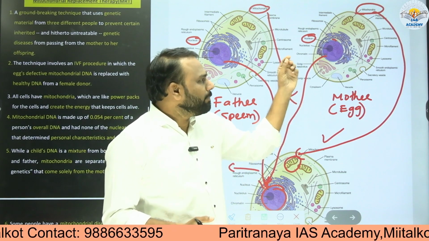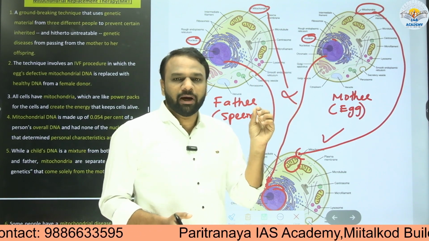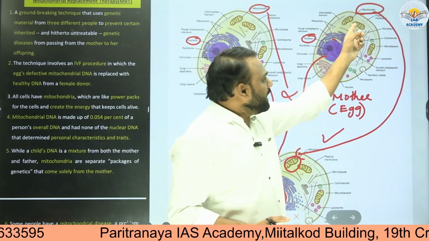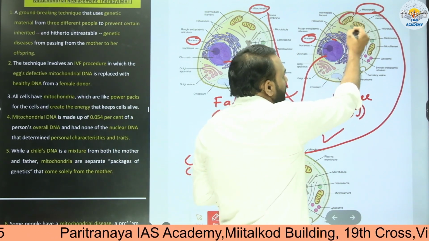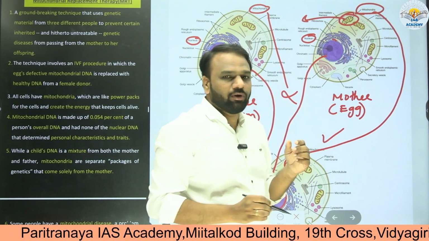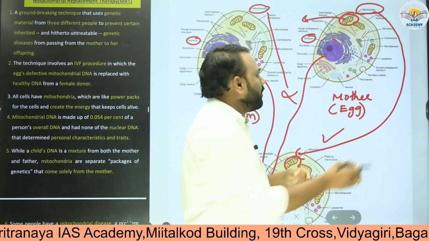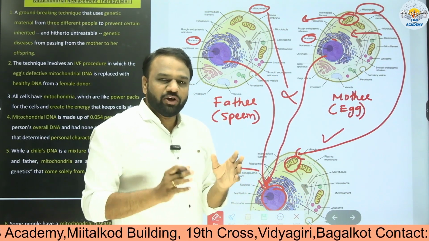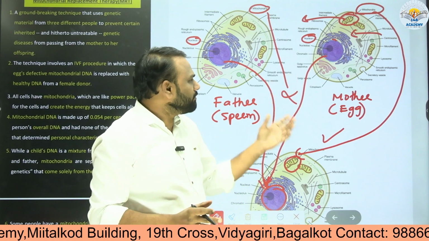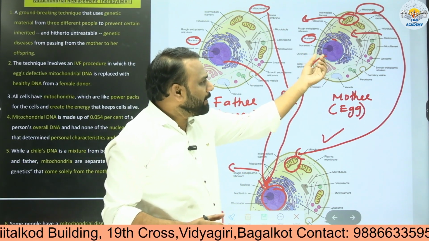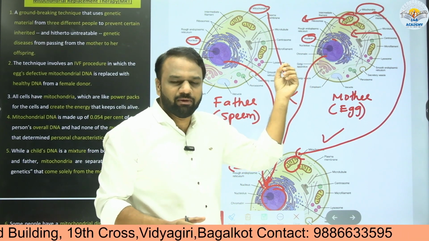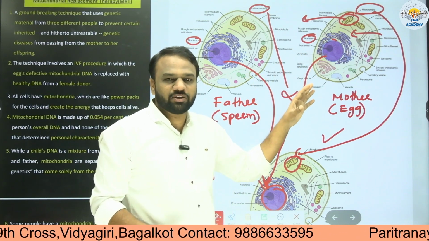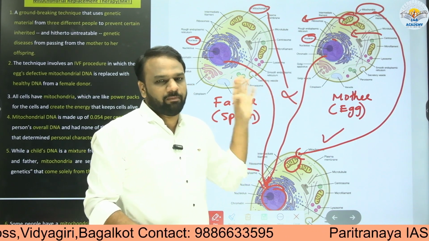This technique is called mitochondrial replacement therapy. Here, the unhealthy mitochondria will be removed and the healthy mitochondria of another mother will be brought in, so that when a child is born, the majority of the characteristics will be inherited from the father as well as the actual mother, but the mitochondria-related characteristics, which are very minuscule, will be inherited from another mother. This technique is called mitochondrial replacement therapy.